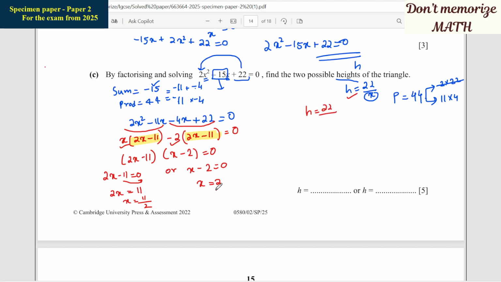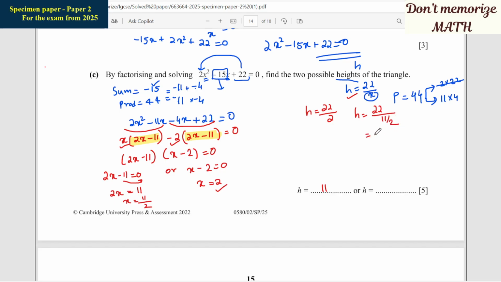What is the first x value? You can take any of them. Okay, so first I am taking 2 because it is easy to calculate here. 22 over 2 is 11. So first h value is 11. Then how to find the next h value? Next h value is 22 over, we have x is 11 over 2.